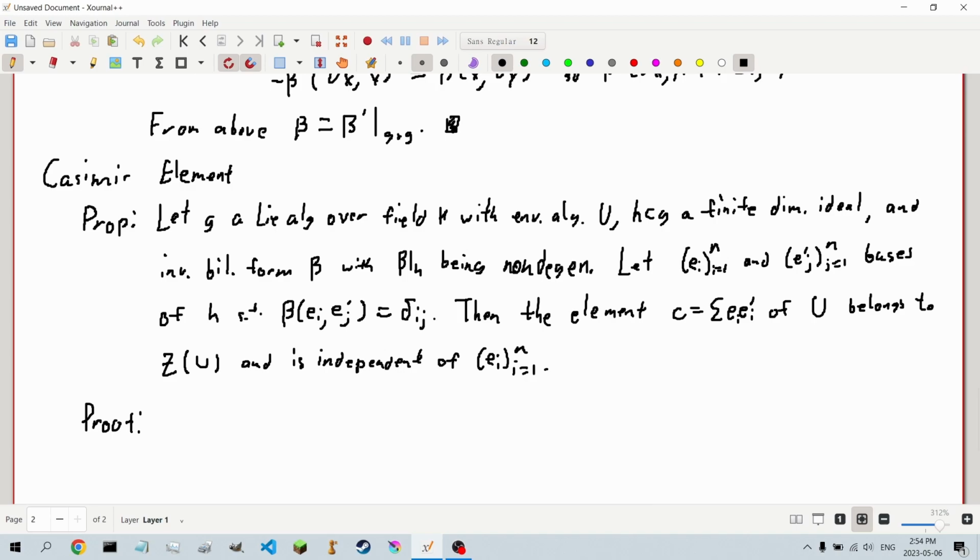And the C is of course going to be, in certain contexts, our Casimir element. So proof.